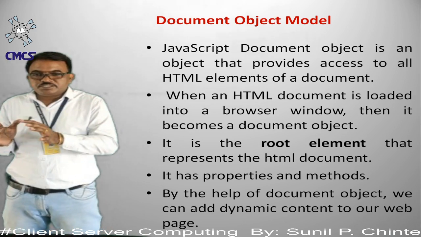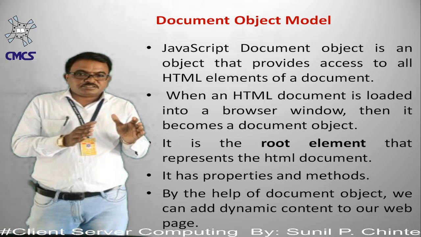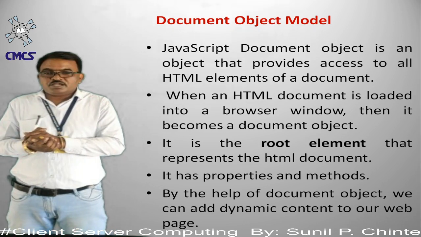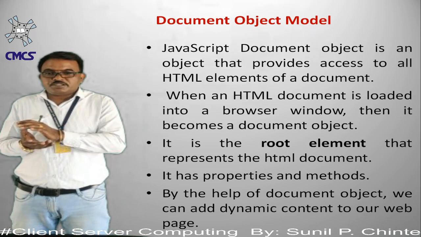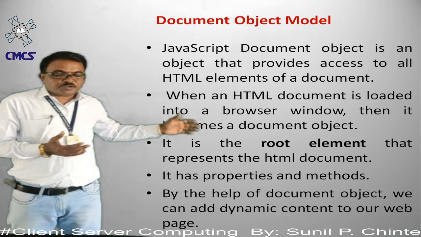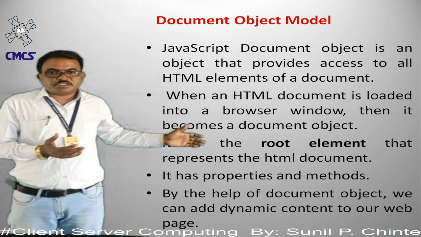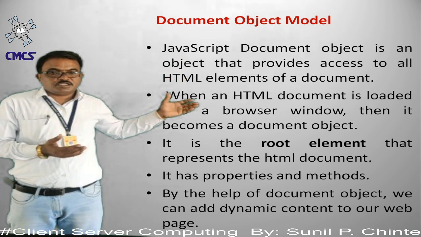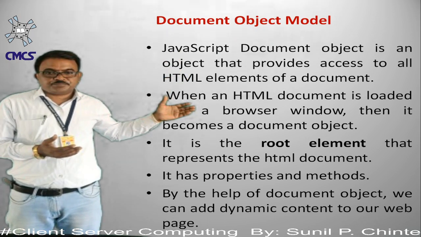The document object is the root element that represents the HTML document. It has different properties and methods.